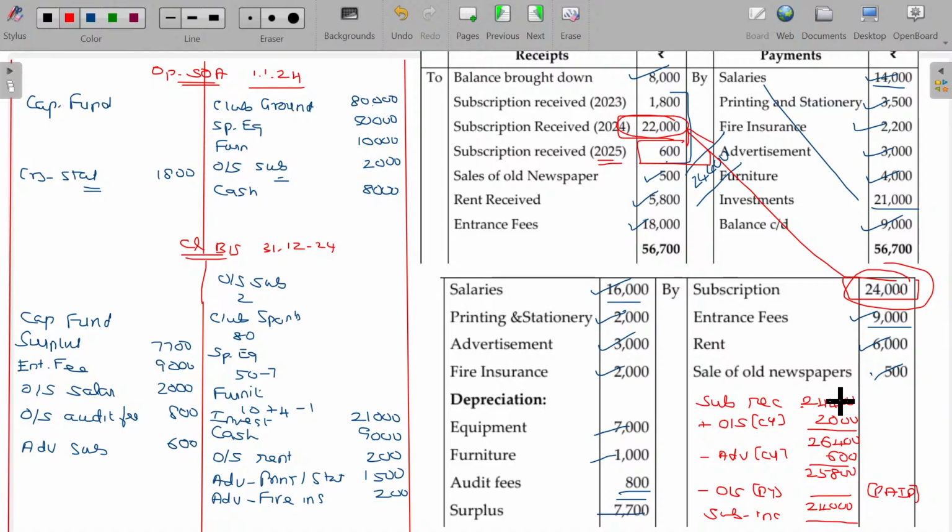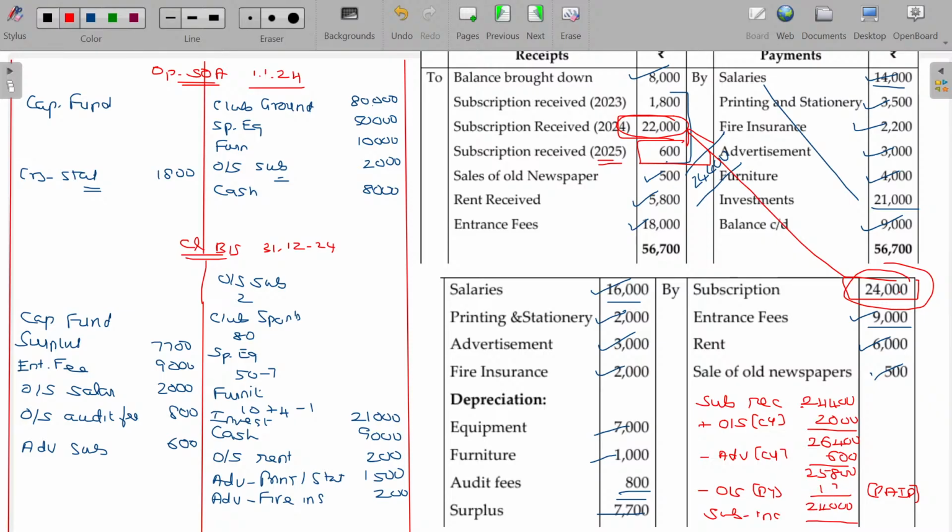Received 24,400, correct only, no? Current year outstanding 2,000 is also correct. Advance of the current year 600, correct? Okay. Not matching, that's why I am checking here. 1,800 should be subtracted. Good.